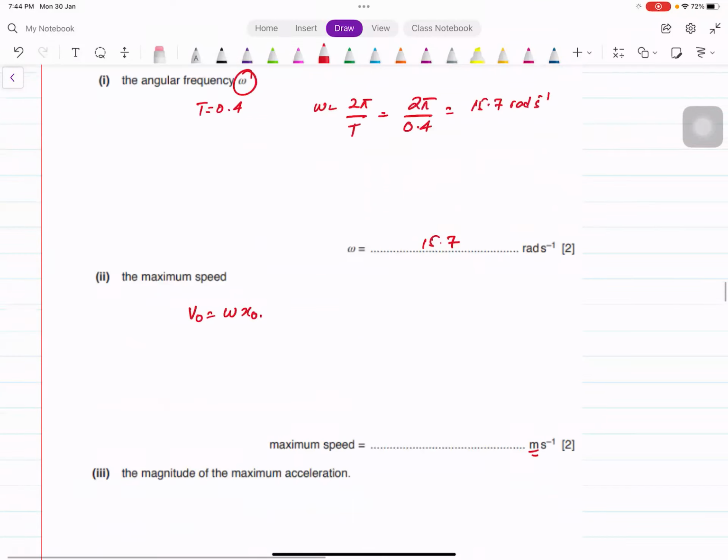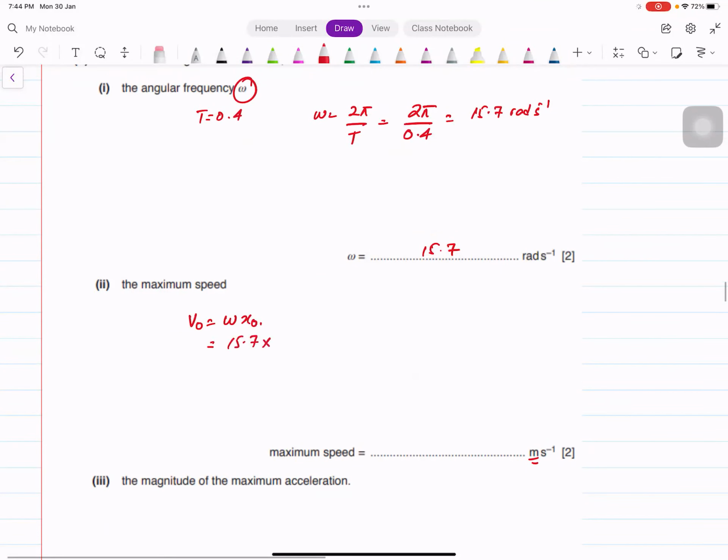We're going to write 15.7 times 2.5 divided by 100. Can you please find this now? 0.39 meters per second. Okay, very nice.